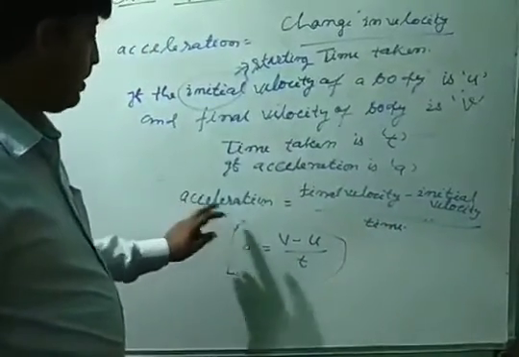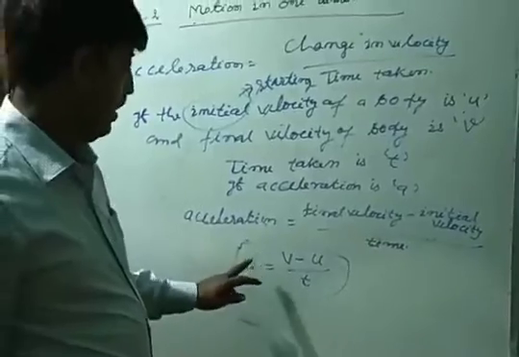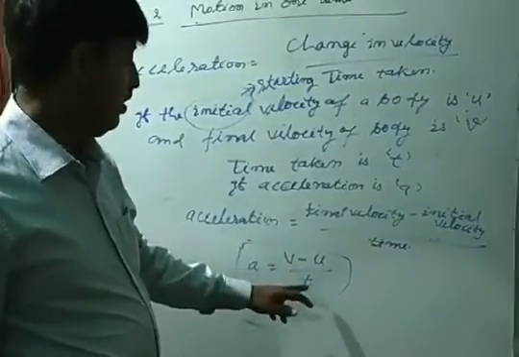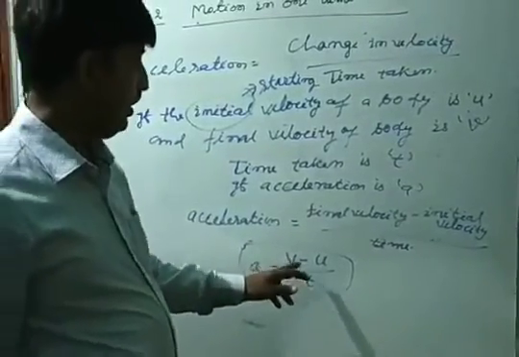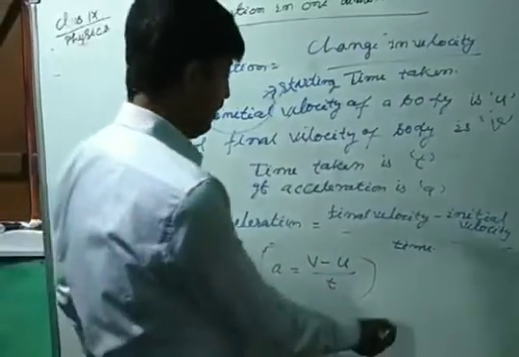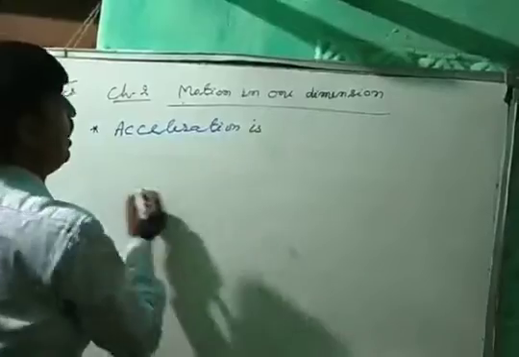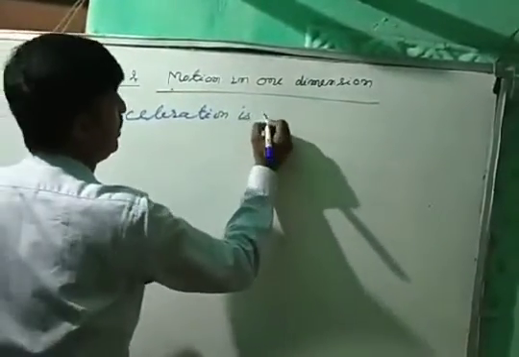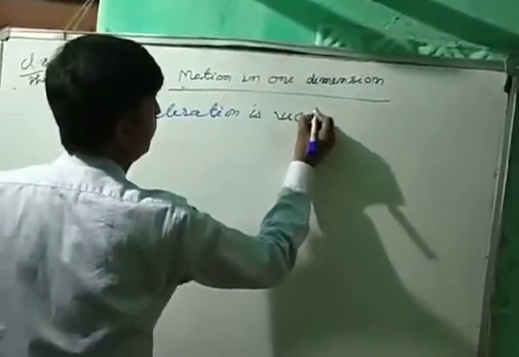If we represent acceleration by a, then a is equal to v minus u by t. Here v is final velocity, u is initial velocity and t is time. Acceleration is a vector quantity.